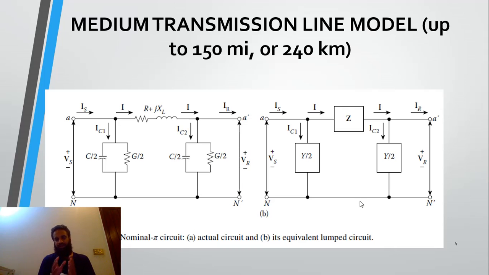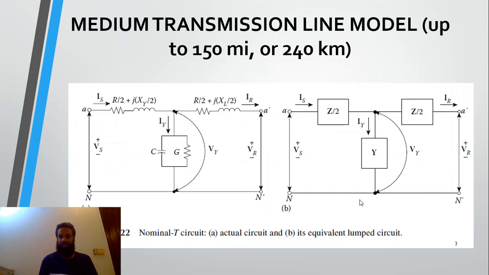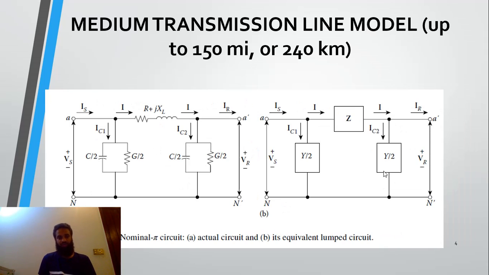Now the capacitance component is divided into half, while the impedance component is in a single part. While in T formation we divide the impedance component into half and the admittance component is in a single part. So these are the two models. While modeling medium transmission line, we will study these two models.